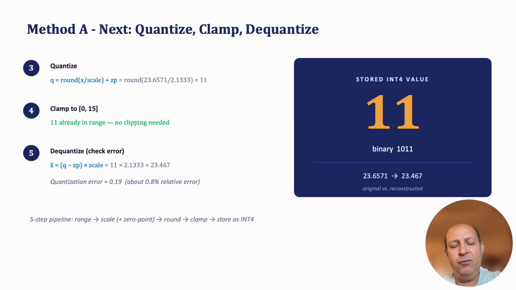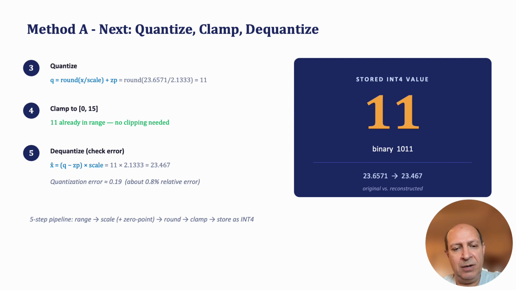Now, if we are to dequantize this, meaning going in the reverse direction, the dequantized value is equal to the quantization level minus the 0 point, and we multiply that by the scale. So it is 11 times 2.1333 equal 23.467.